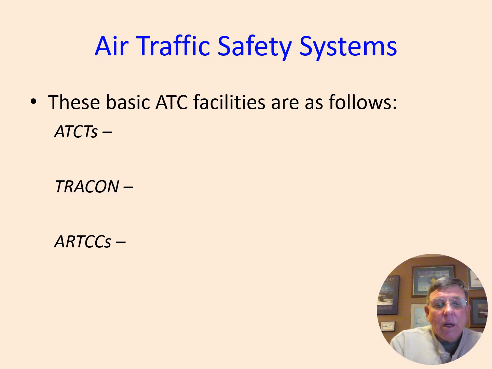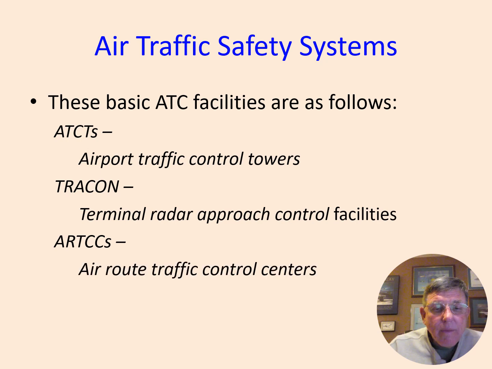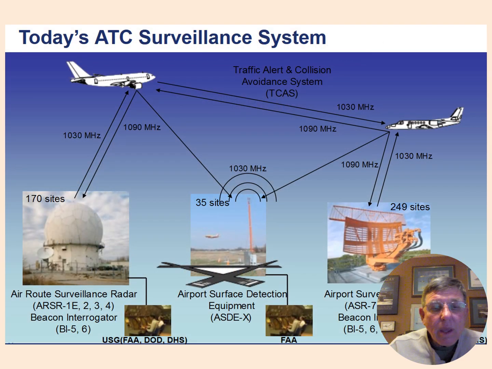All right. Air traffic systems, well, we know ATC control centers, TRACON, and the towers are that. So this is where the FAA is putting their technology in. And today's ATC surveillance system depends on air traffic surveillance radar that will actually physically paint airplanes.